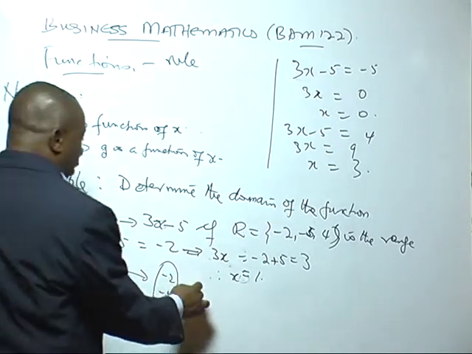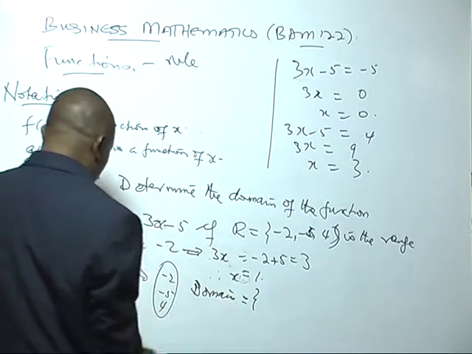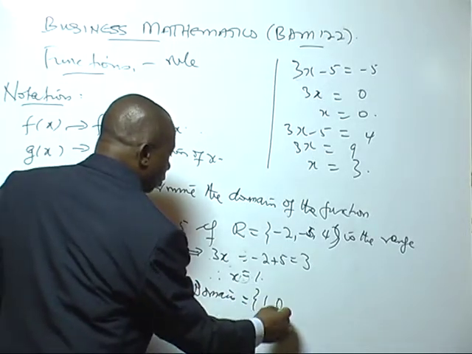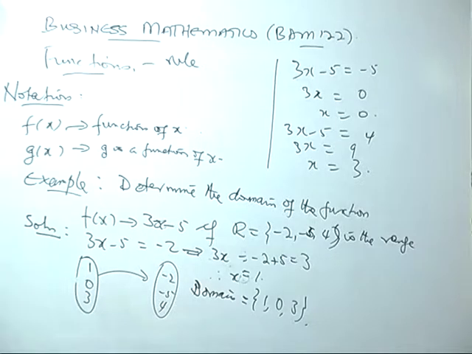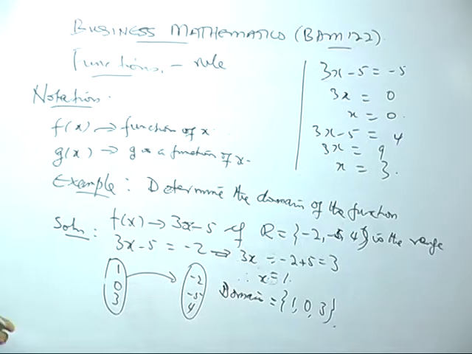So the domain equals 1, 0, and 3. So that's how we can determine the domain of this function, having given the range. Now, subsequently, we can find the range as we are finding the domain. Now, closely related to this is what we called defined and undefined functions.